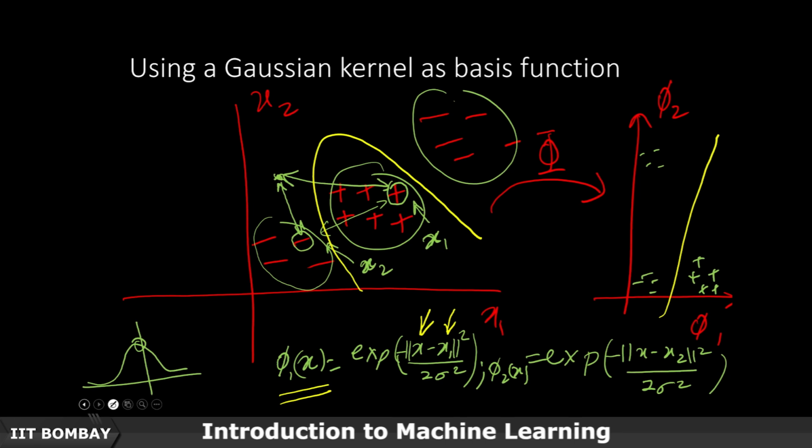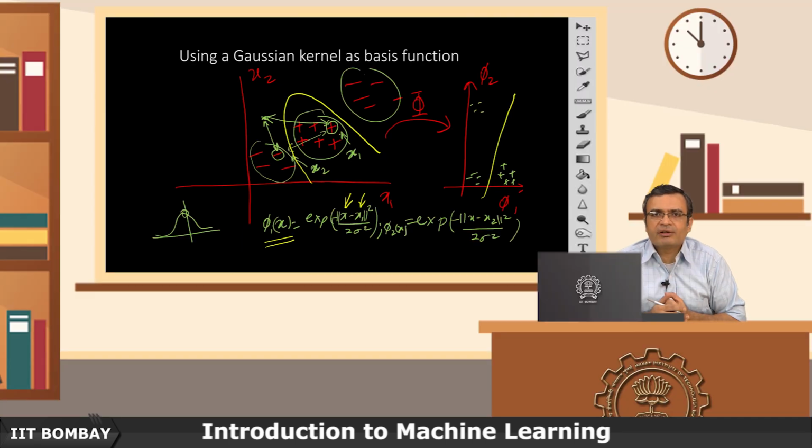Basically what this function is encoding is some sort of a function of a distance from some key points, and this property has been exploited before in RBF or radial basis function networks, which is a form of a neural network which we will look at later.